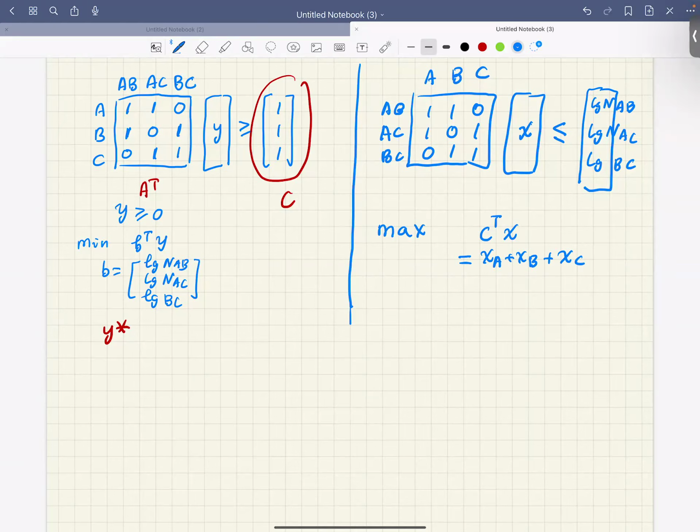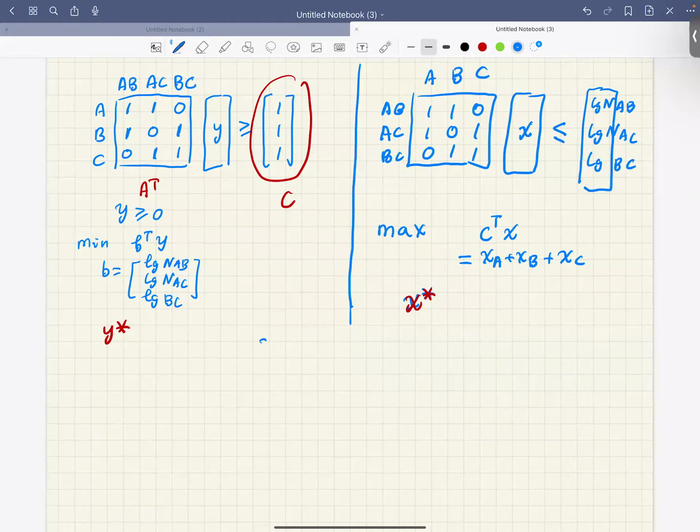Immediately I can say that the primal form has a bounded optimal value, and therefore I can define this X star as an arbitrary optimal solution. Now remember, an optimal solution is a solution of the linear program that defines the optimal value. By the power of the strong duality theorem, what do we know about this X star and Y star? These two optimal values are exactly the same.